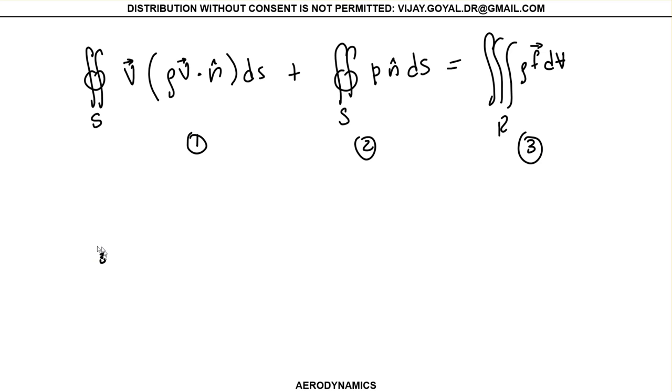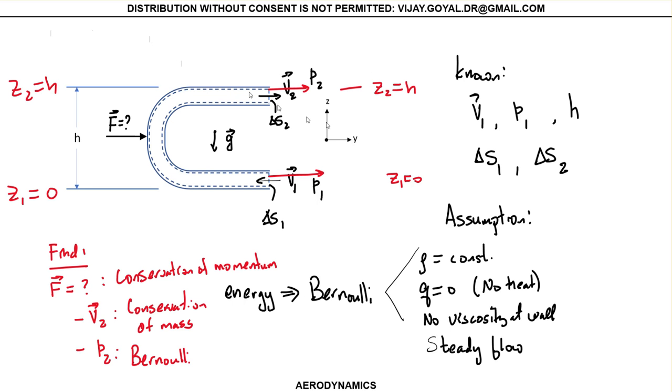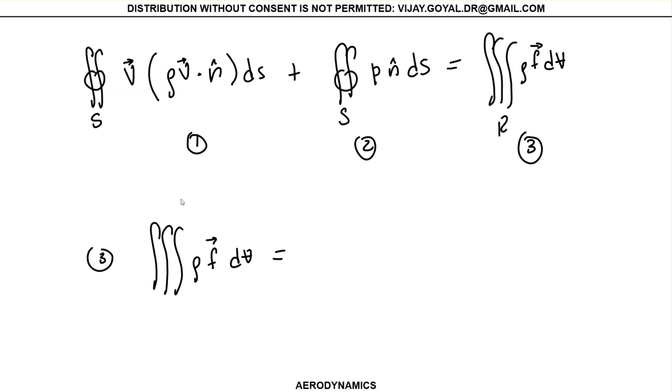So I'm going to start with number 3 because it's a lot easier. The triple integral of rho f d volume. In this particular problem, as you can see, z is going up, but my gravity is going down.